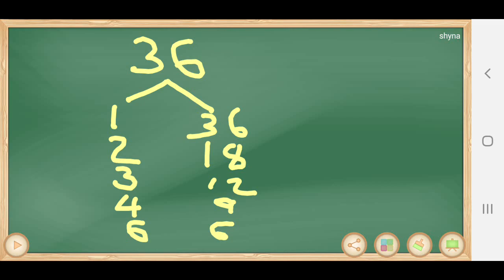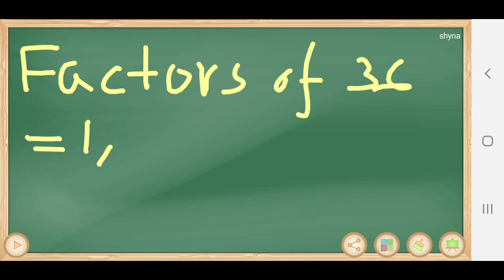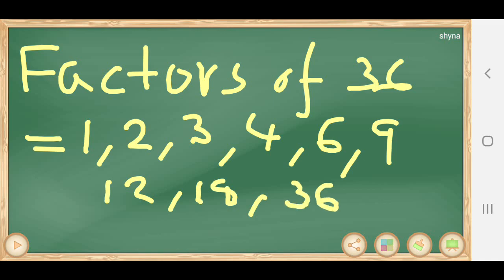Below that you write factors of 36 equal to 1, 2, see your notebook and write 3, 4, 6, 9, 12, 18, 36.